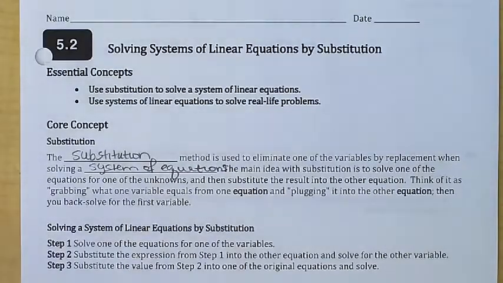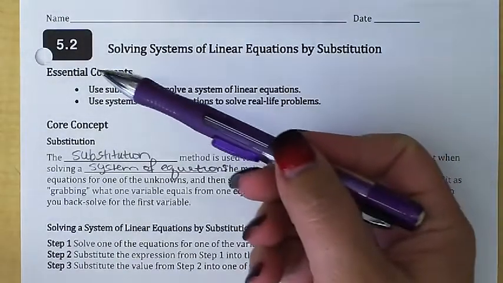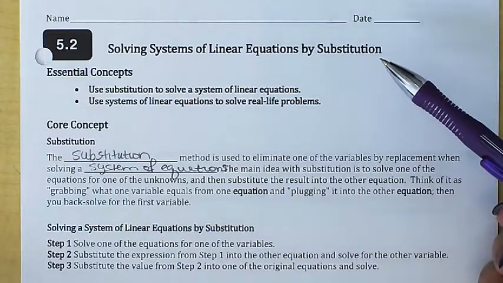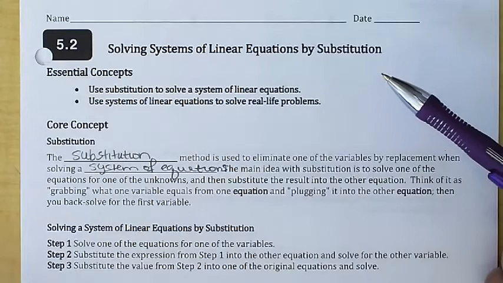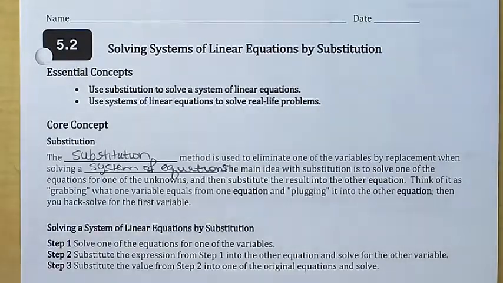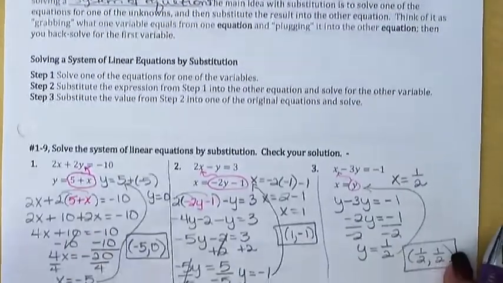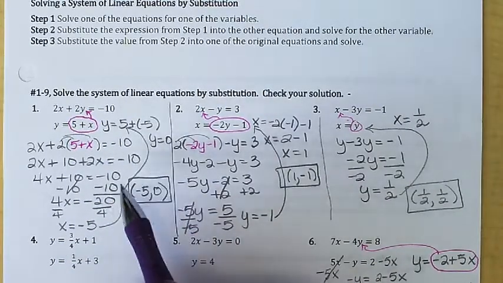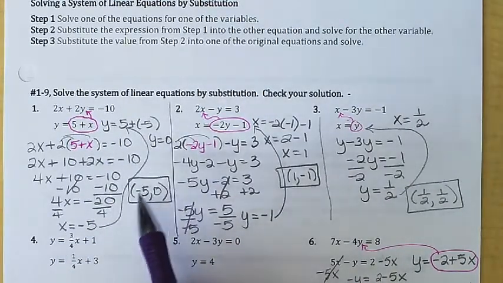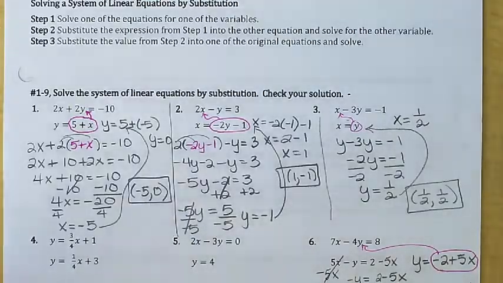So today is a continuation of yesterday's introduction to substitution as a method for solving systems. That's lesson 5.2, and we've talked about how to use the method itself to solve systems that traditionally intersect at one point and have an ordered pair solution.